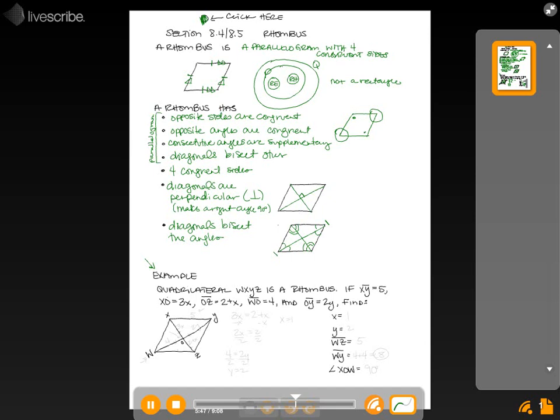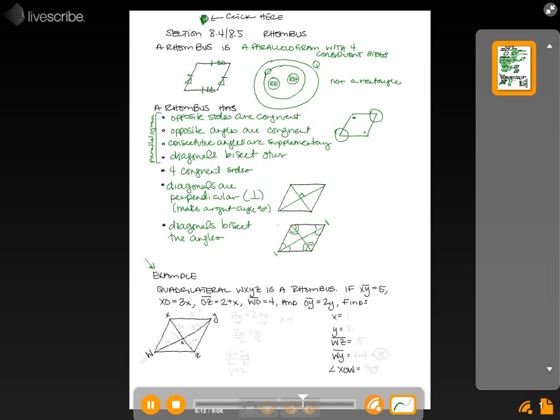Okay, our example says quadrilateral WXYZ is a rhombus. So it tells us that it's that specific type of parallelogram. If XY is 5, XO is 3x, OZ is 2 plus x, WO is 4, and OY is 2y, we need to find these things here: x, y, WZ, WY, and angle XOW.